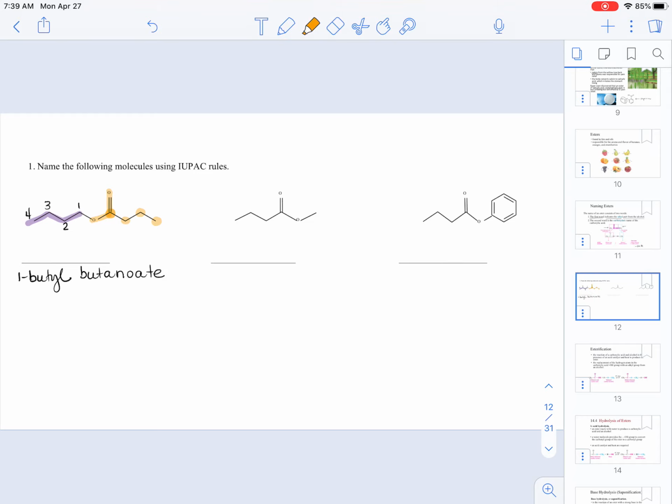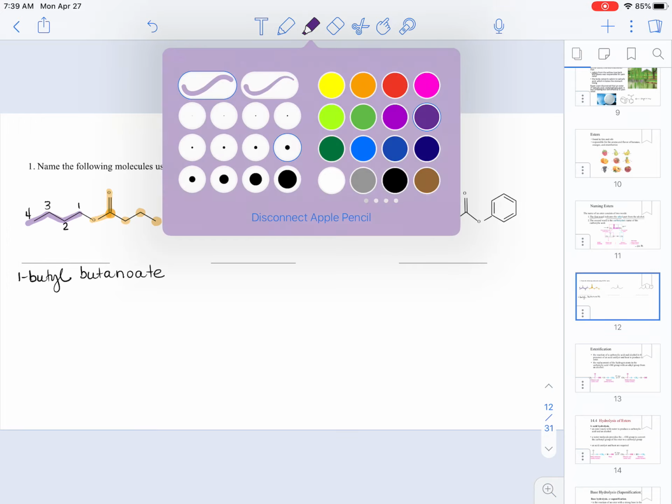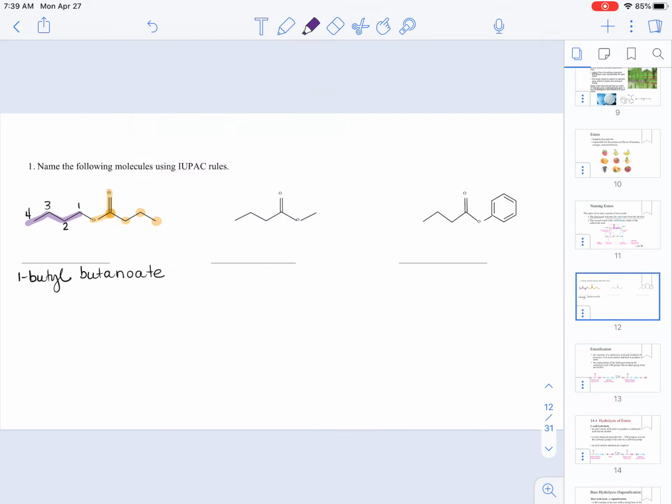Let's do the next problem. I'm going to first select the alkyl group next to the oxygen. In this case, we only have 1 carbon, so that is going to be methyl.